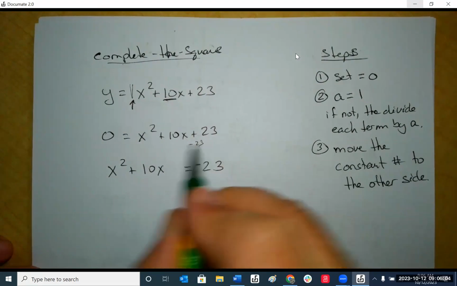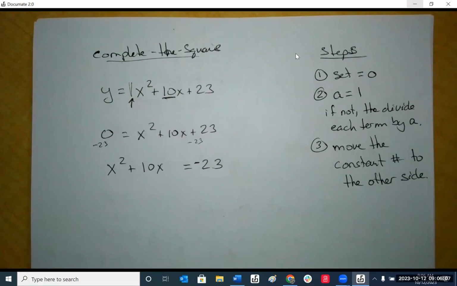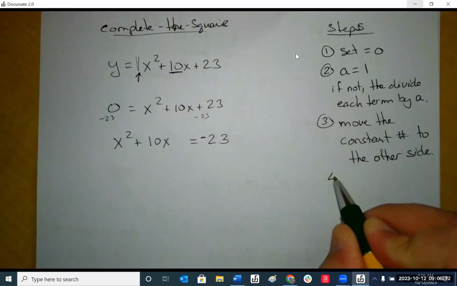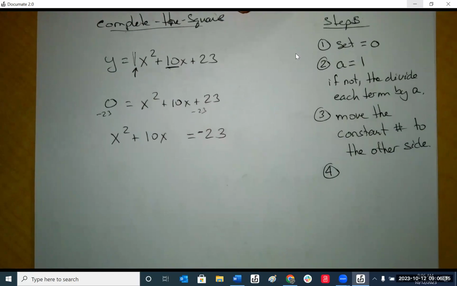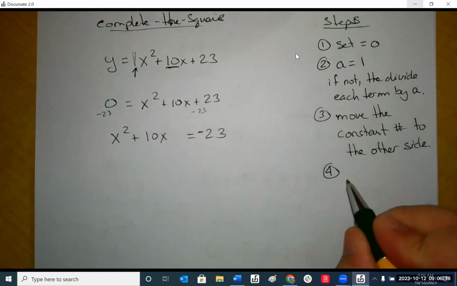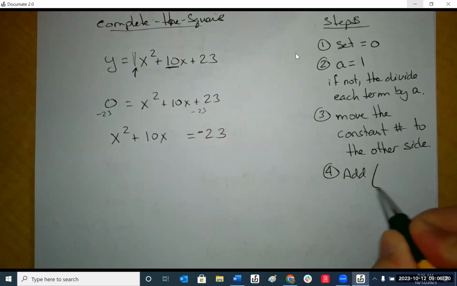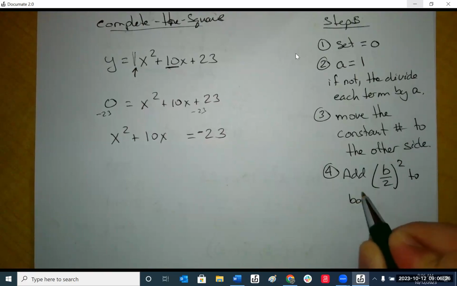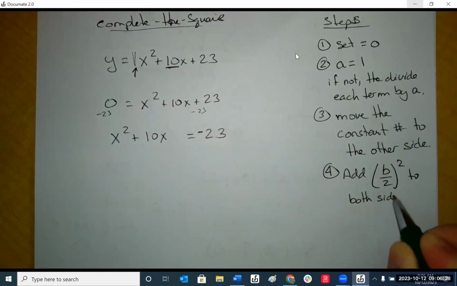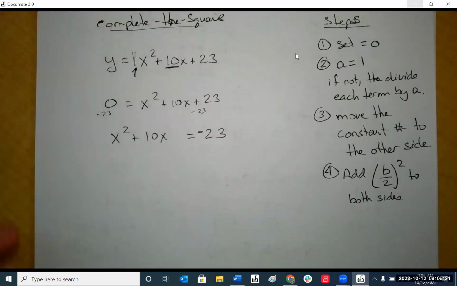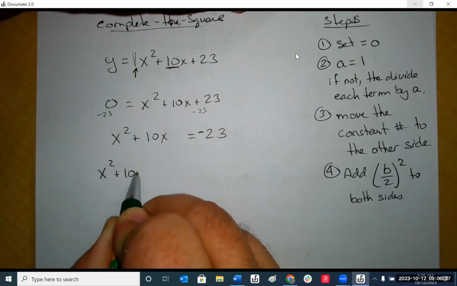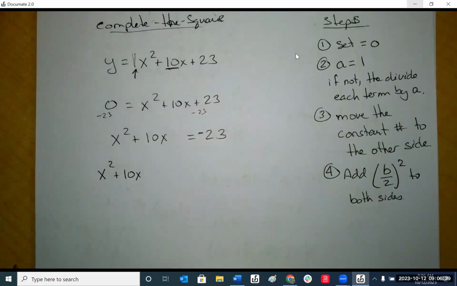I subtracted 23 from both sides. Step 4, add b over 2 squared to both sides. Remember, whatever you do to one side, you have to do to the other side. And don't worry about if b is negative, because when you square it, it becomes positive. So just put the number in there.